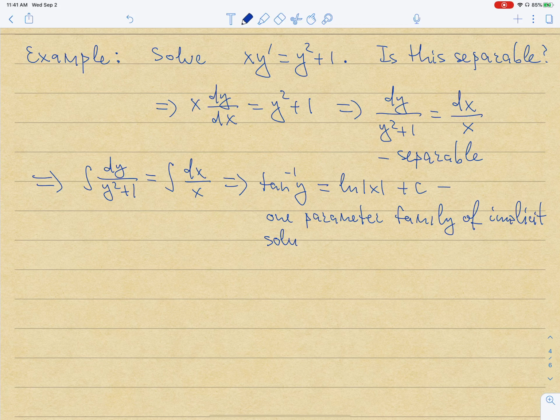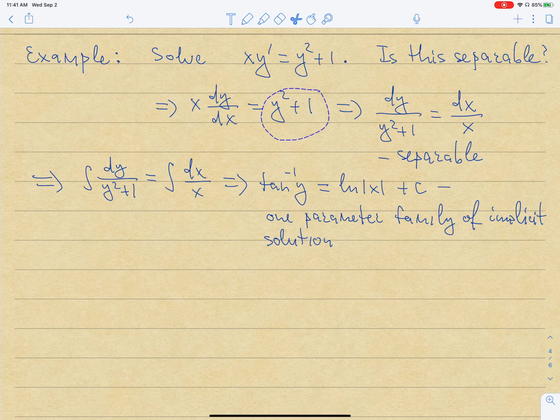Recall that besides the one parameter family, I needed to seek equilibrium solutions, which were all values of y where this function is equal to 0.